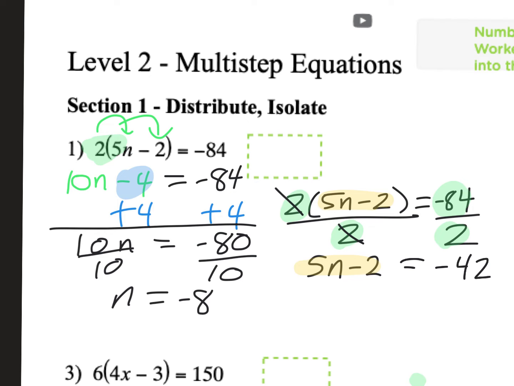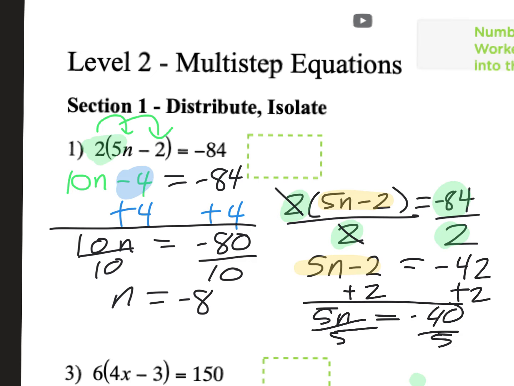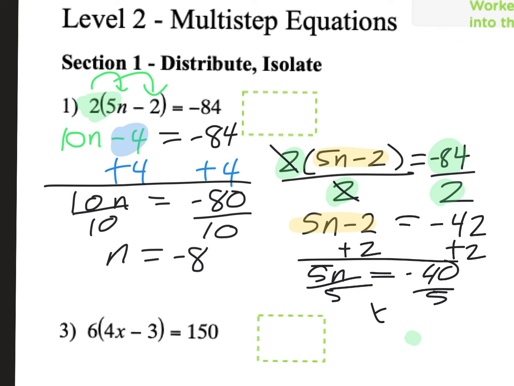But especially since it's an even number, instead of multiplying, just divide everything out in that one step. As you can see, you're still going to get exactly the same answer, negative 8. It's just a tiny bit faster.